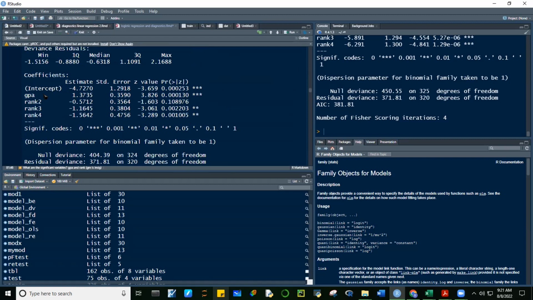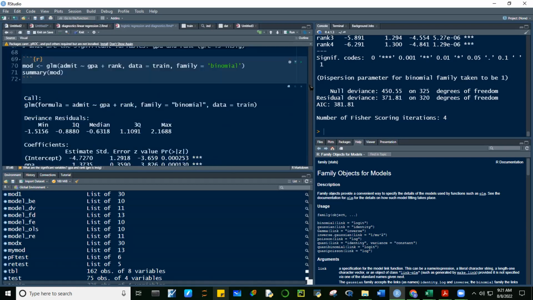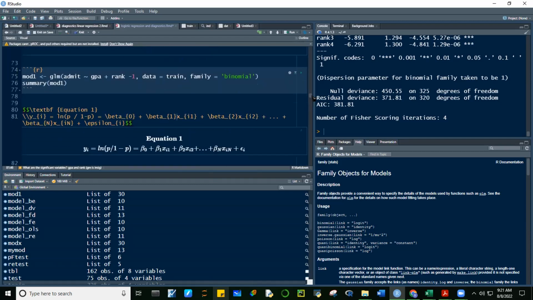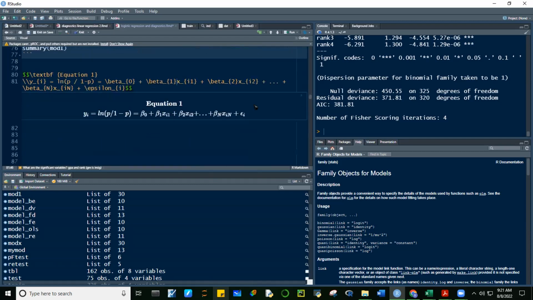Okay. Now, when we do GLM, when we do binomial regression, medyo iba yung interpretation nito. No? The y value there is not your admit. Okay? Hindi siya yung admit.